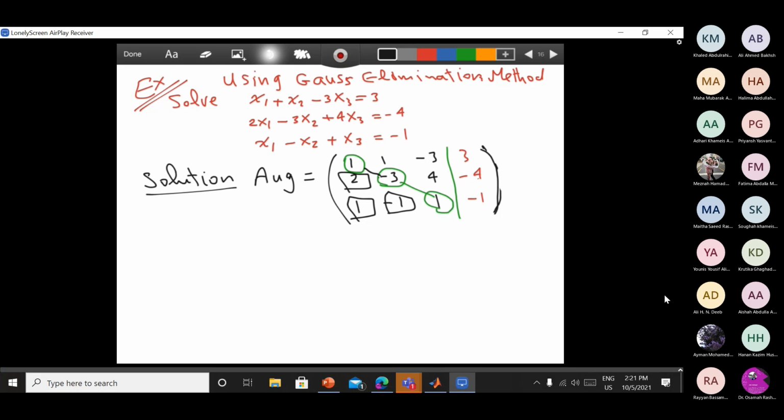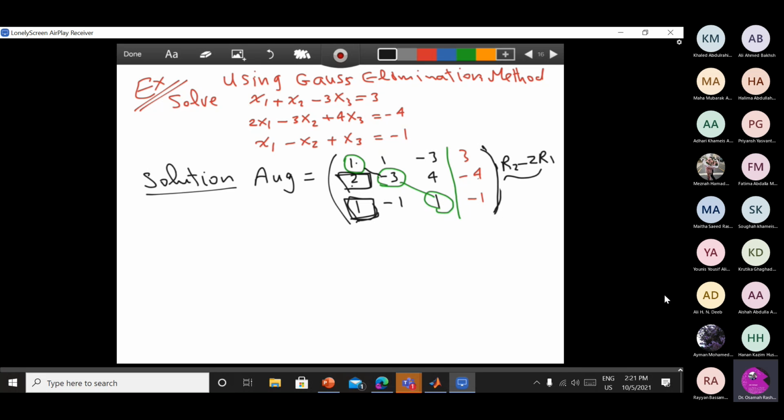To make this one 0, there's 2 in the first column, so I'm working with the first row. This is 2, but the corresponding one in the first column is 1. So I have to subtract 2 of R1 from R2.